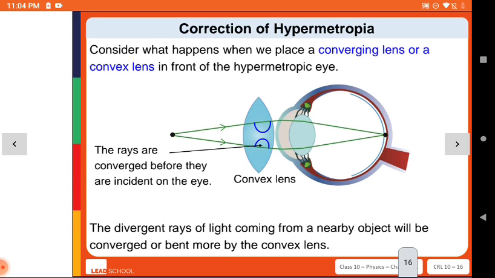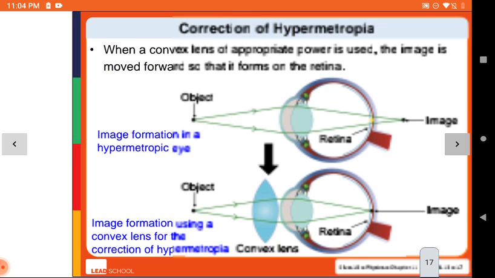So we place a converging lens in front of the hypermetropic eye. The rays are converged by the convex lens before being incident on the eye. The divergent rays of light coming from a nearby object will be converged and bent by the convex lens.